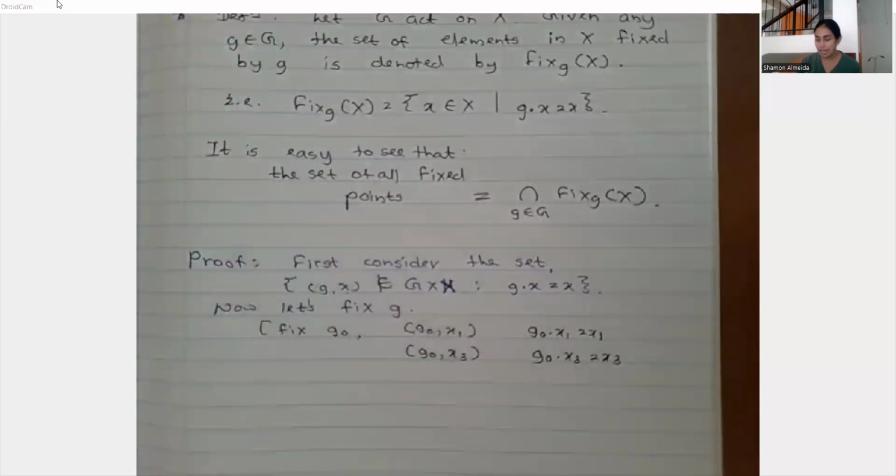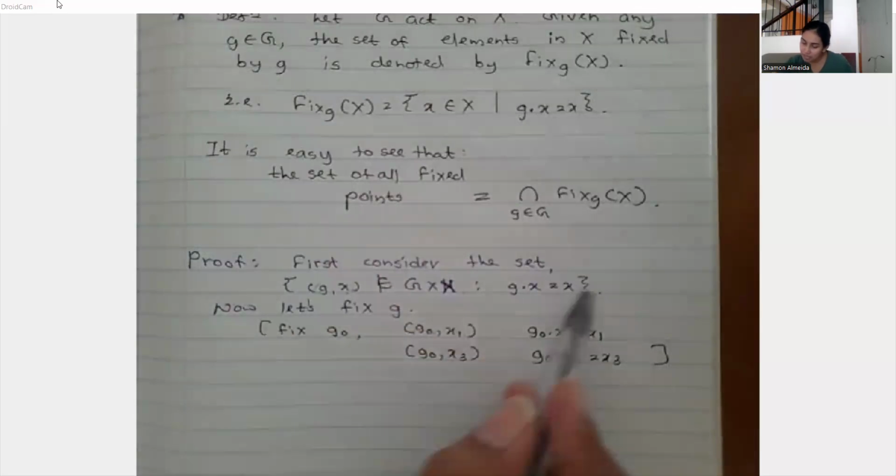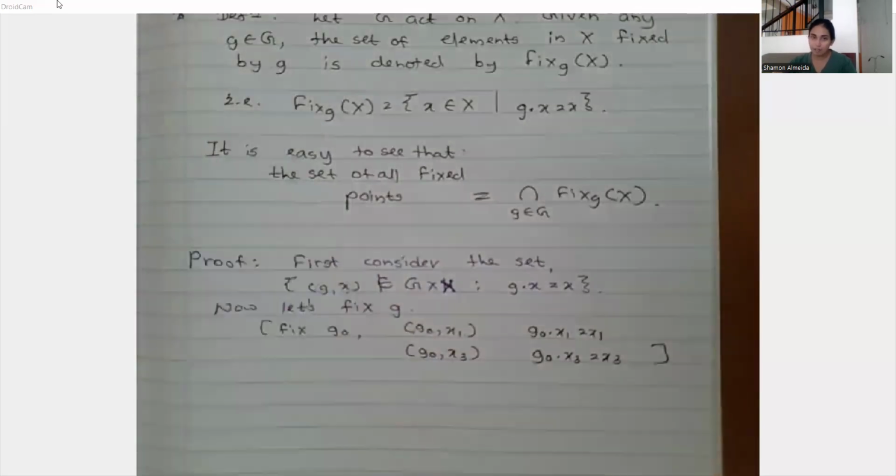So we see that once you fix this particular g, the number of elements in this set is the same as the number of elements in Fix_g of X for this particular g, right?